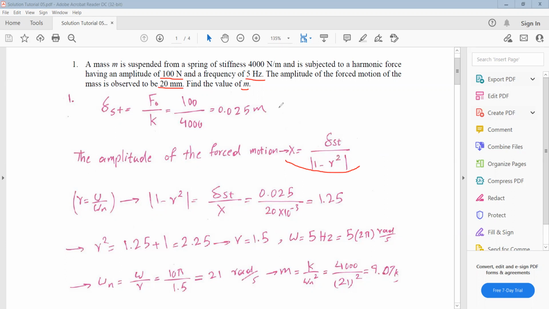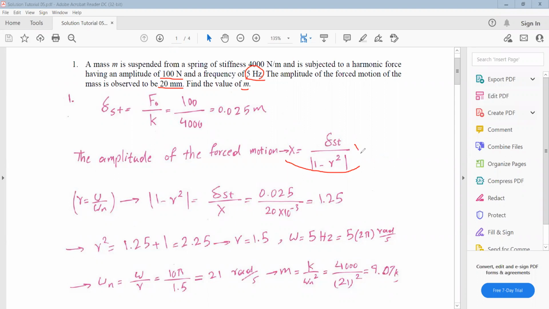In this problem, omega, the frequency of the excitation, is 5 hertz. And we have the natural frequency of the system, omega n, which is equal to the square root of k divided by m. Here, the purpose is to obtain m.